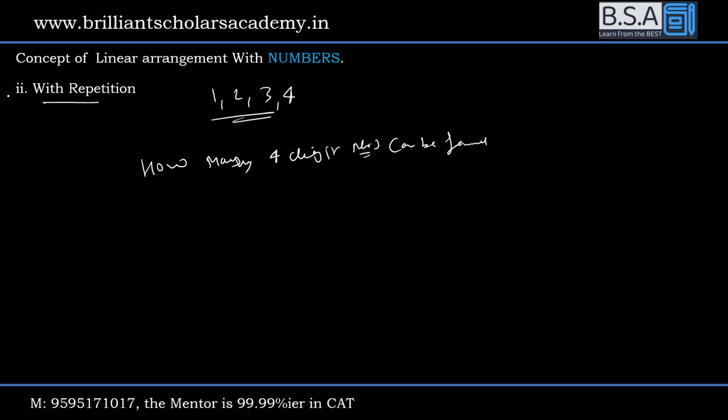So repetition is counted by default because 1 1 1 1 is a number, 2 2 2 2 is a number. When you say how many numbers can be formed, repetition allowed है, बोलने की जरूरत नहीं है. It is considered by default. So see, this place can be any one of these, either 1 or 2 or 3 or 4. 4 options. Again 4 options. Again 4 options. Again 4 options.